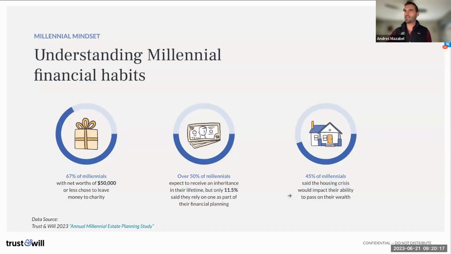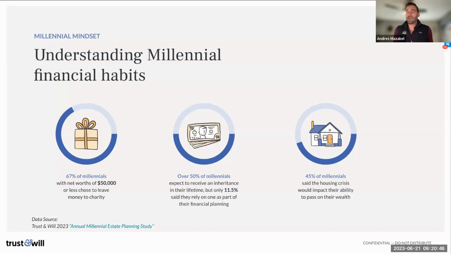And I think really to close it out on the millennial side, I just always have to share this slide because this study came out recently and I love this. And I'll be honest, I was very surprised. In our study, 67% of millennials with net worths under $50,000 already have in their estate planning documents with us a charity of their choice.